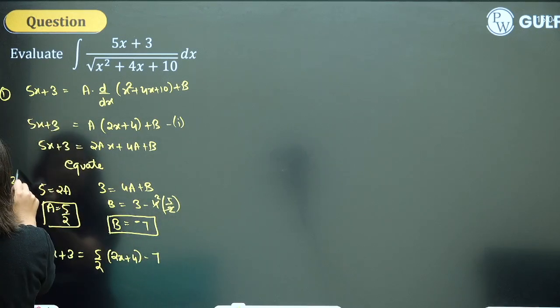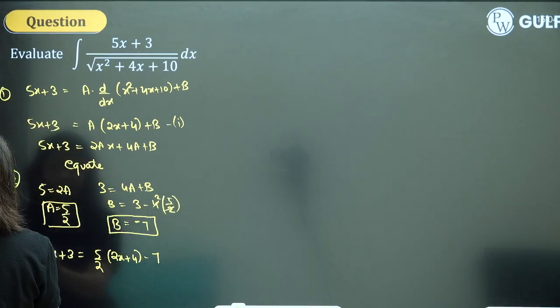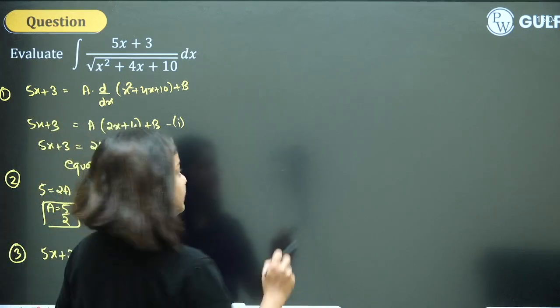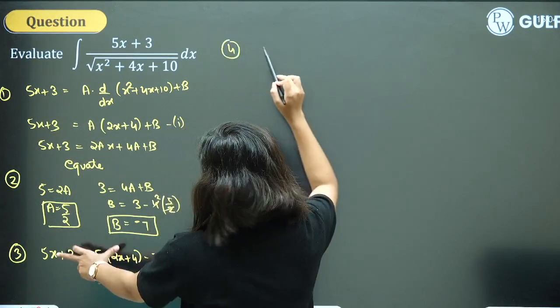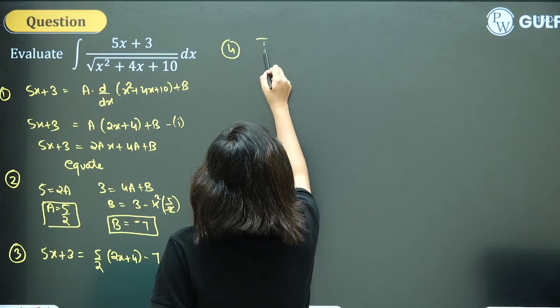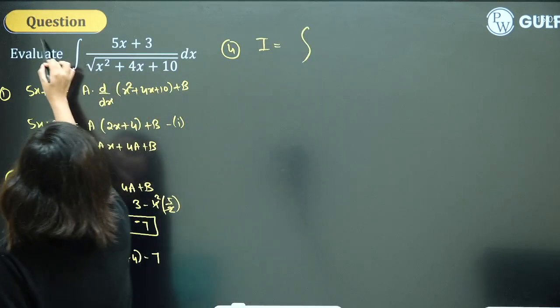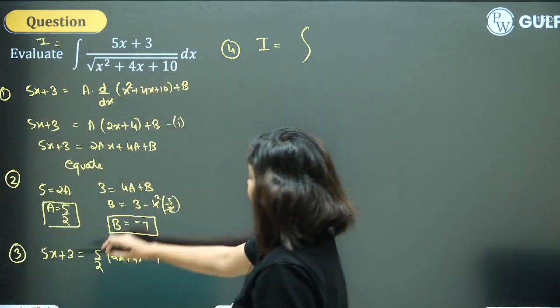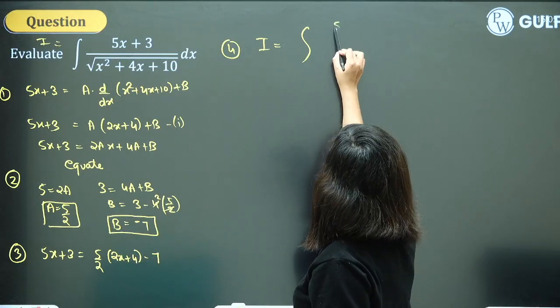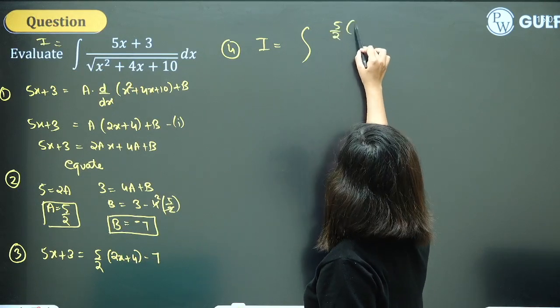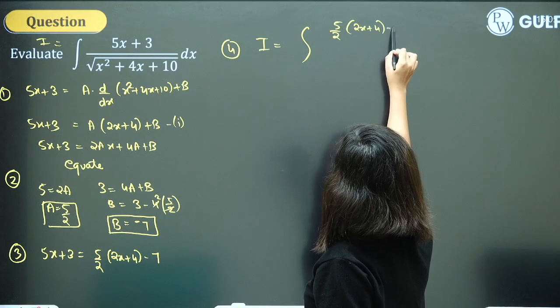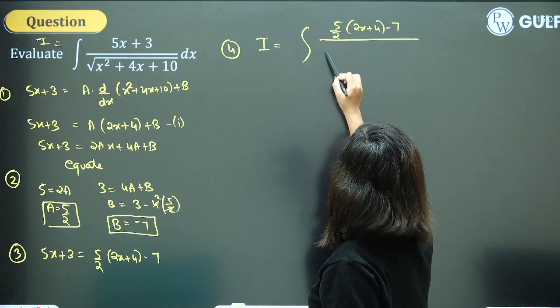So step 1, step 2 was solve, step 3 was putting it back in 1, and step 4 was putting it in the integral, back to I. In place of 5x plus 3, you will have 5 by 2 times 2x plus 4 minus 7. Denominator is same.